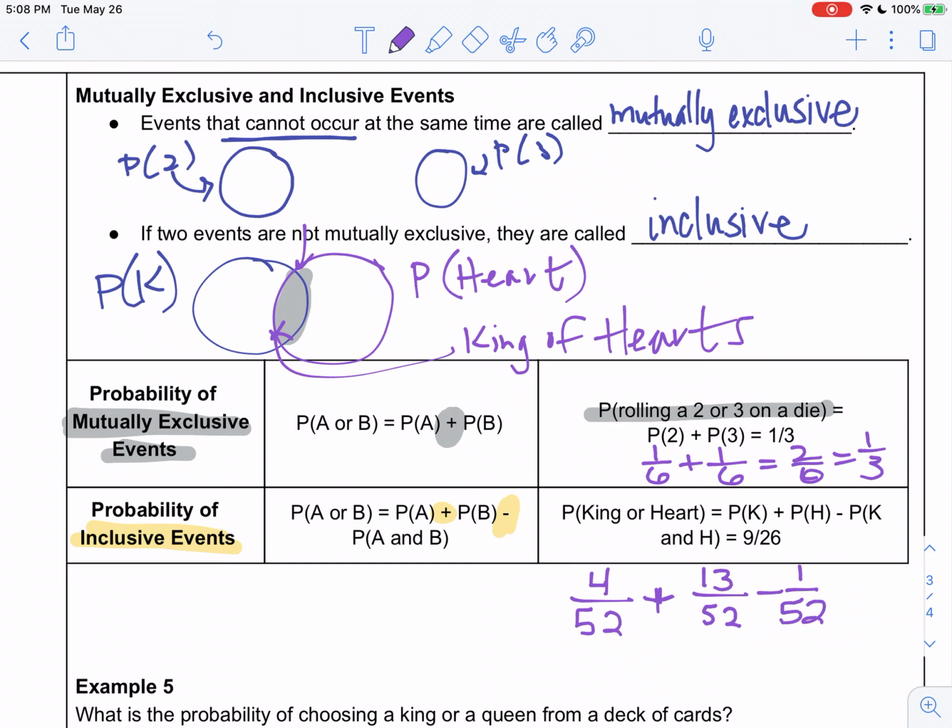Since I already have my common denominator, 4 plus 13 gives me 17, minus 1 is 16 out of 52, which is going to simplify to 8 out of 26, or 4 out of 13.